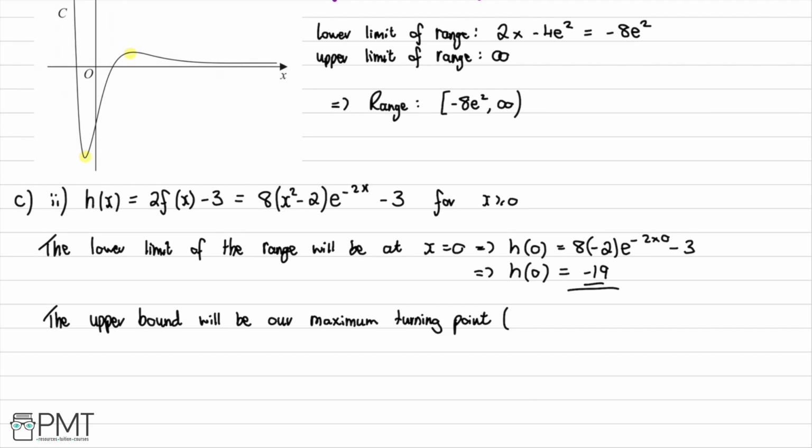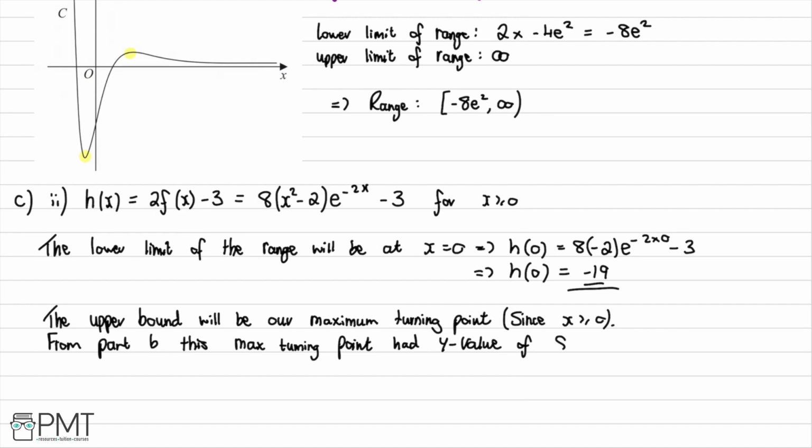And we need to think, why is this? And this is since this is only valid for x greater than or equal to 0. And we recall from part B, this max turning point had y value of 8e to the -4.